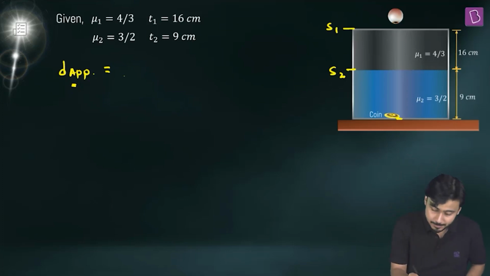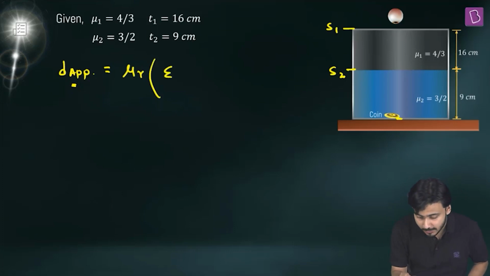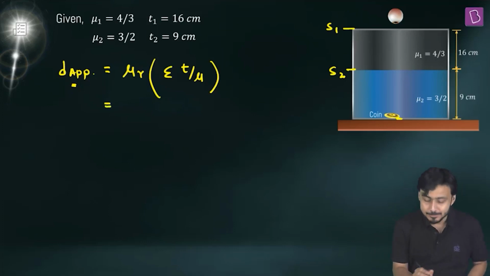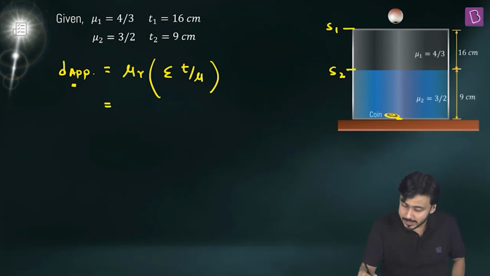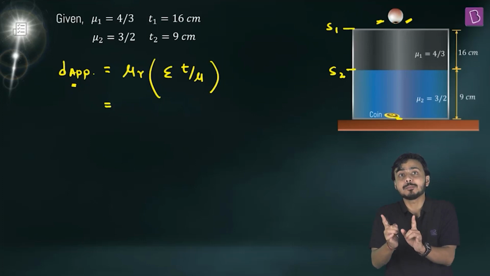What is the formula? Mu, where the final refracted rays are present, into summation of T by mu. The final refracted rays are to be captured by the observer.